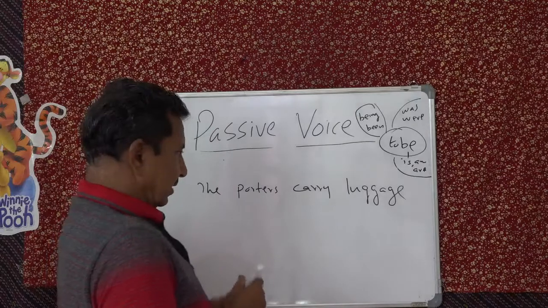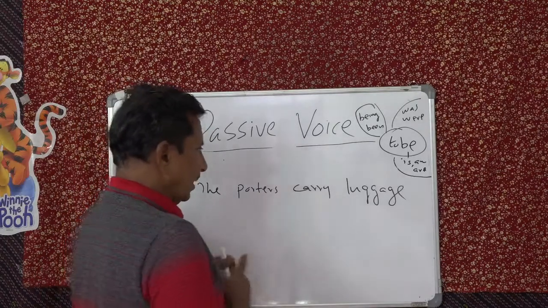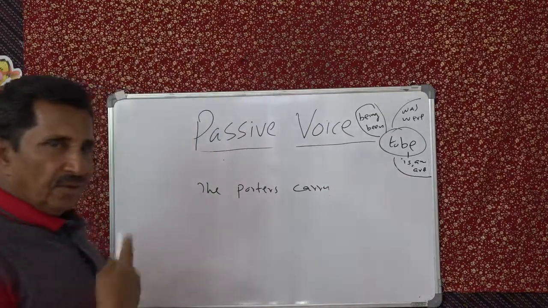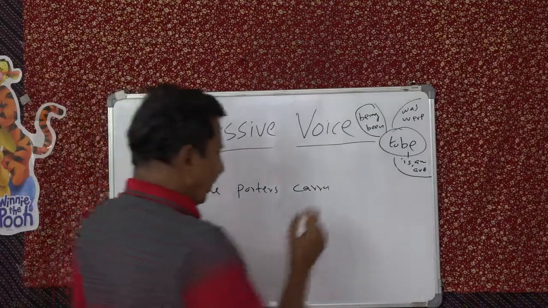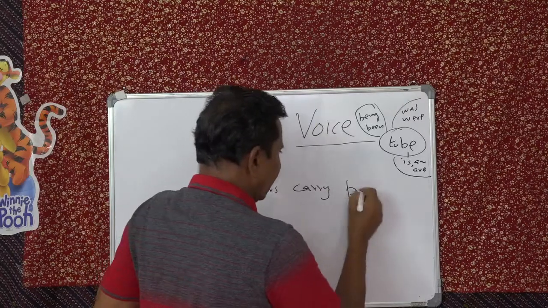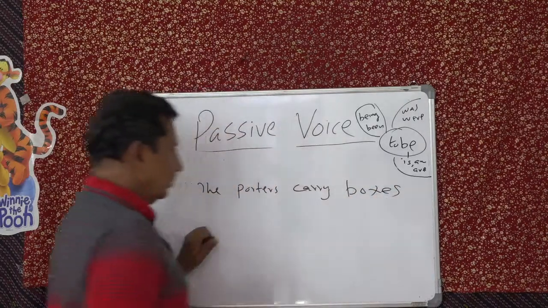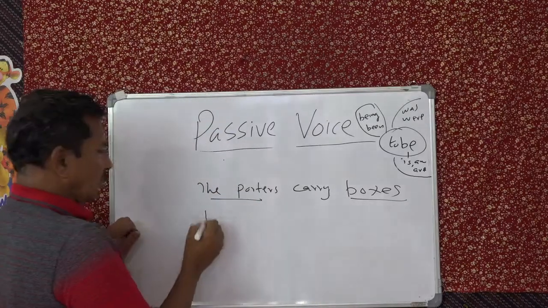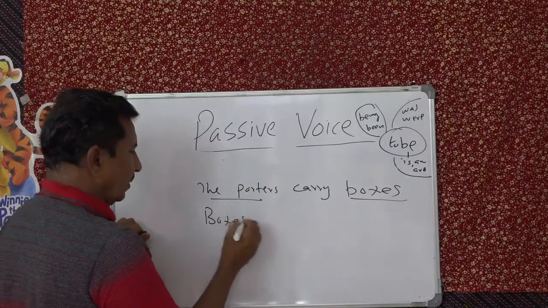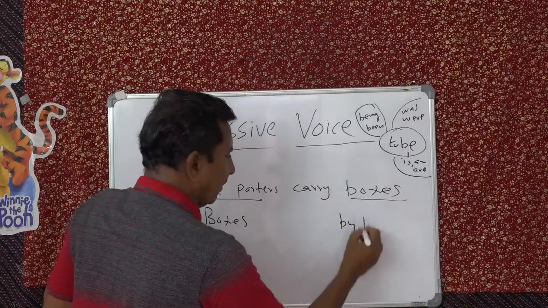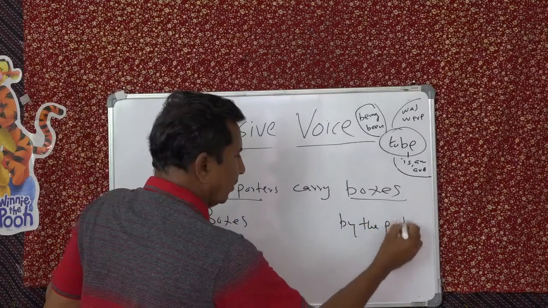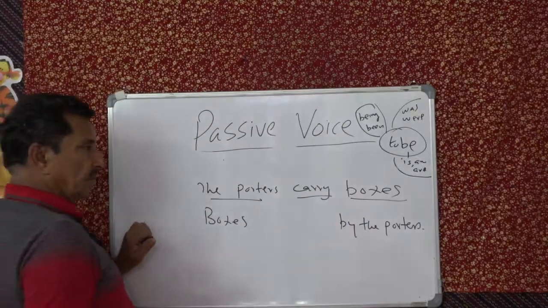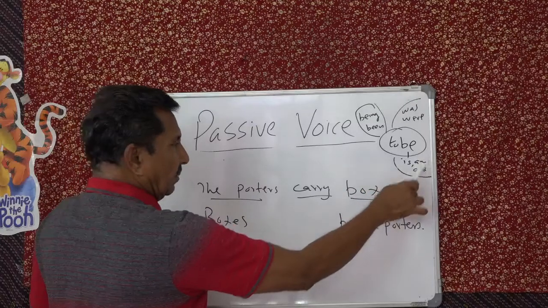The porters carry boxes. Otherwise, you will not get it. I'll tell you why I said boxes. Now, here, this is subject, this is object. So the object is boxes, by the porters. Now, this is present tense, so you have to use either is or are.